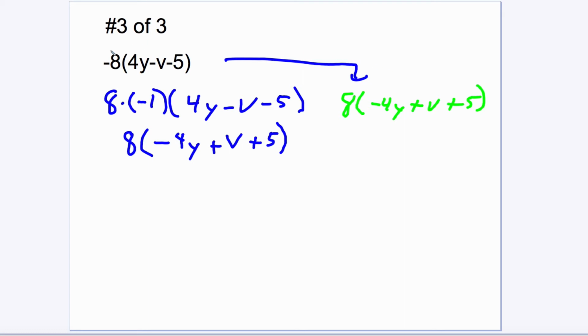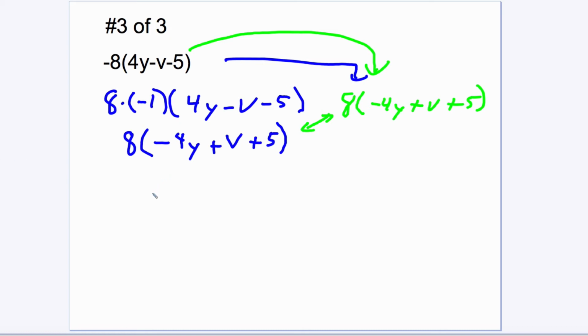And the reason I can do that, when I multiply a negative 1 through everything inside of parentheses, I just change the sign of everything. So the fast, easy way is to go right to here. And if you'll notice, these two are the same. If you understand this shortcut, it will save you a lot of time. If you do not understand this shortcut, do not use it, because it will cause you to make simple math errors and you'll lose negative signs.